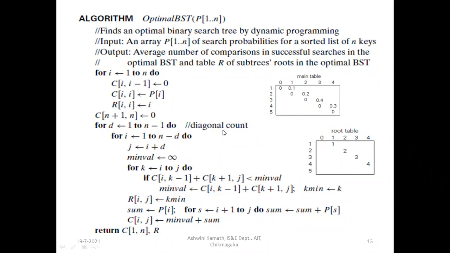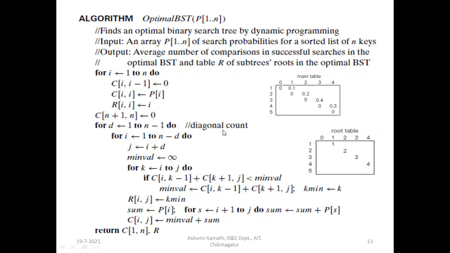That is, if C of I comma K minus 1 plus C of K plus 1 comma J is less than the minimum value, calculate all the values and compare with the minimum value. The minimum value is initially infinity. Whichever is the minimum value will be stored in the minimum value, updated with C of I comma K minus 1 plus C of K plus 1 comma J.